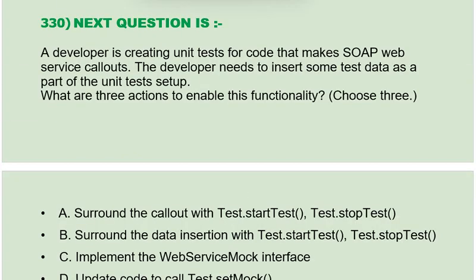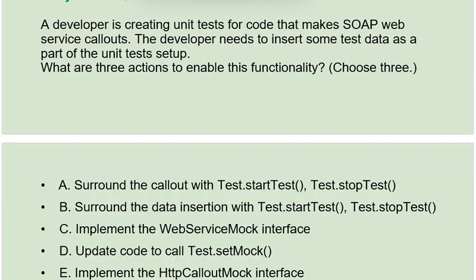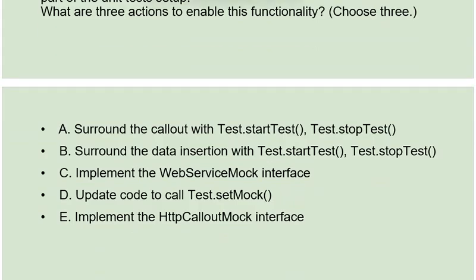Question is, a developer is creating unit tests for code that makes SOAP web service callouts. The developer needs to insert some test data as a part of the unit test setup. What are the 3 actions to enable this functionality? Option A, surround the callout with Test.startTest method, Test.stopTest method.